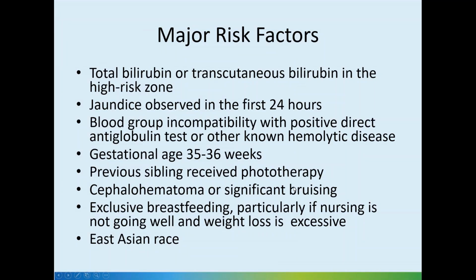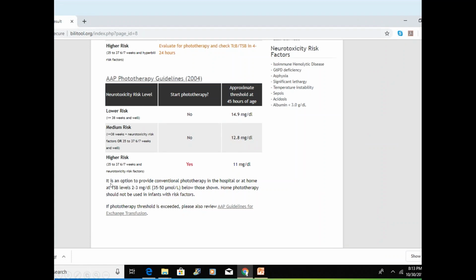So this is a guide again, and just to reiterate, it is an option to provide conventional phototherapy in the hospital or at home at bilirubin levels 2 to 3 milligrams below those shown, or 35 to 50 micromoles per liter. Sometimes, depending on the family situation, and remember that if you don't treat, you have to keep bringing them back, you have the option to admit them and treat, pending the insurance coverage and the parents' desire to treat.